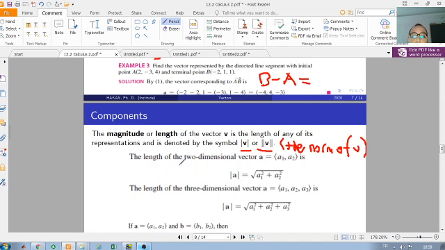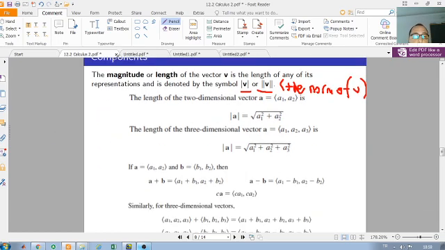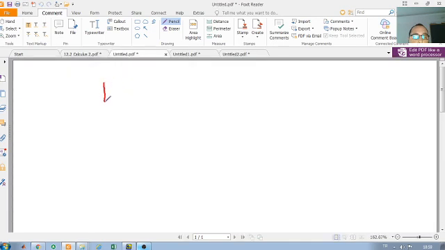So the length of a two-dimensional vector A1, A2 is the square root of the addition of the squares of the components of the vector A. It is actually obtained, for example, in a two-dimensional coordinate system, x-axis, y-axis.